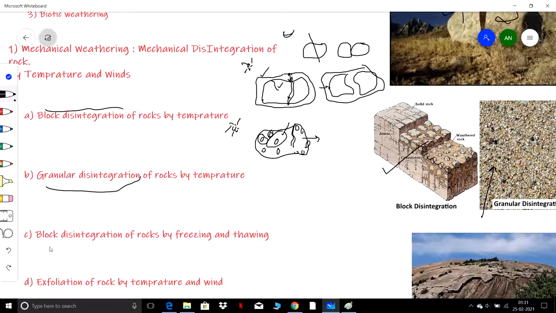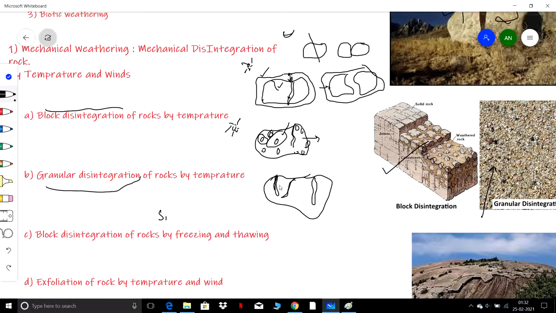Now let's come to block disintegration of rocks by freezing and thawing. Here the rocks have cracks due to diurnal temperature or other factors. In the subtropical, cold polar, or mid-latitudinal regions, in cold areas, water gets trapped in these cracks. At night, this water freezes and becomes ice.